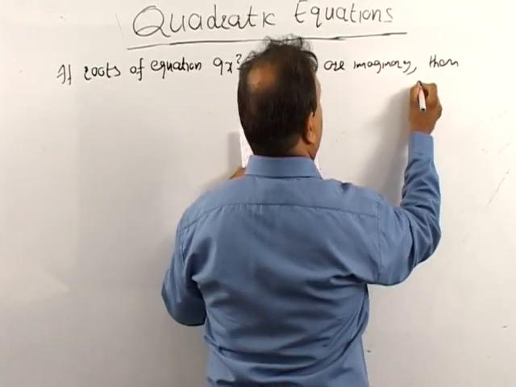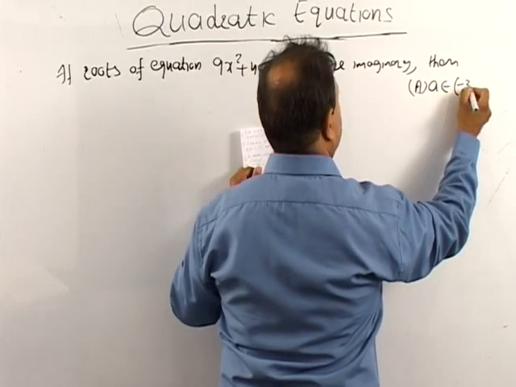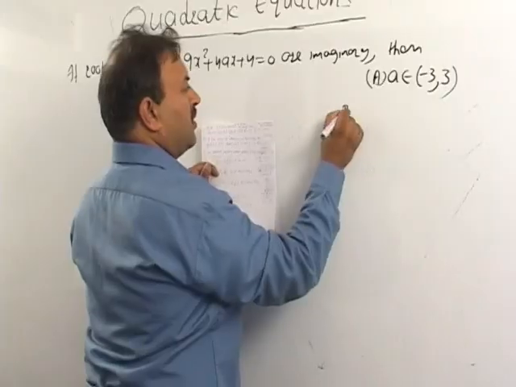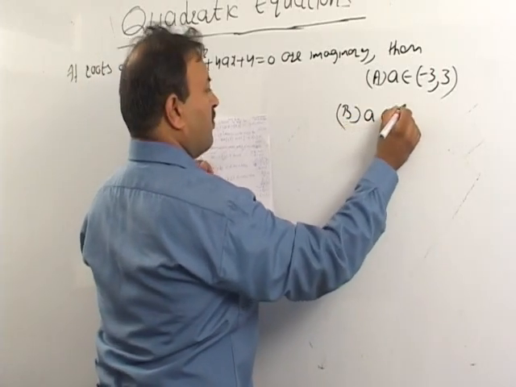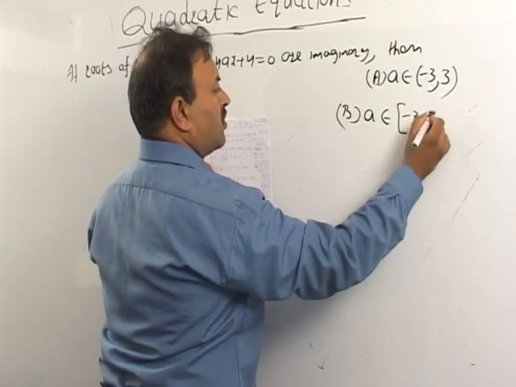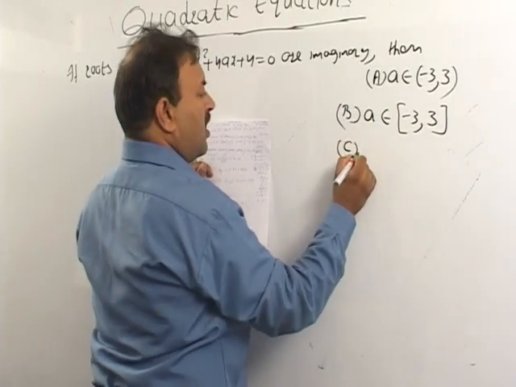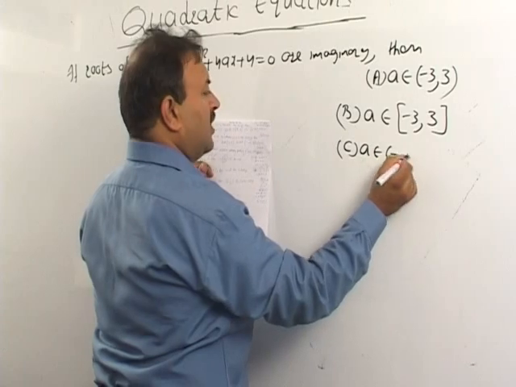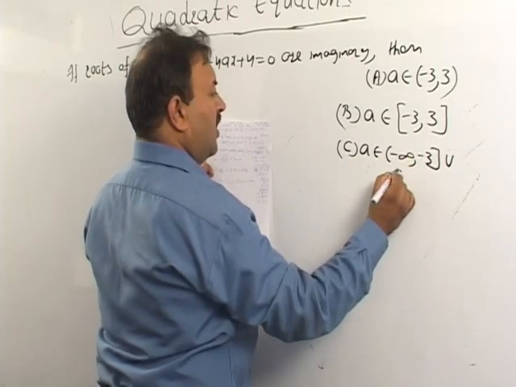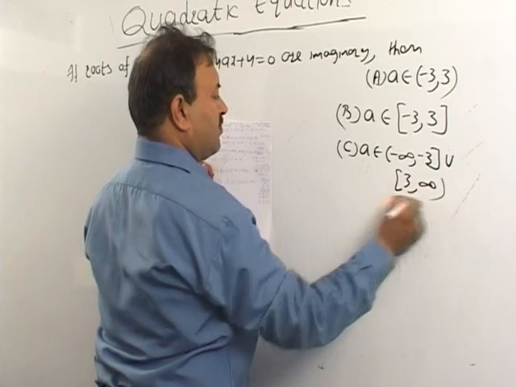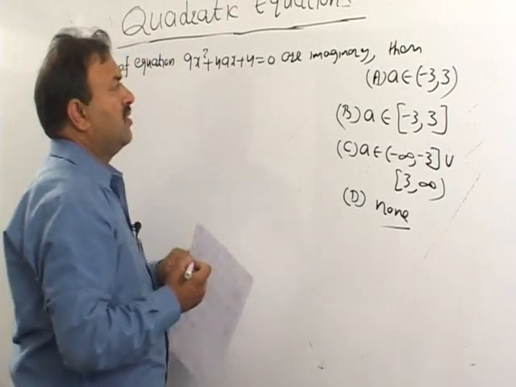A option: a belongs to minus 3 comma 3 in the open interval. B option: a belongs to minus 3 comma 3 in the closed interval. C option: a belongs to minus infinity to minus 3 closed, union 3 to infinity. And D option is none of these.